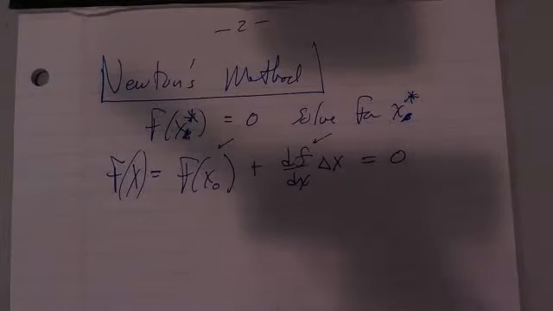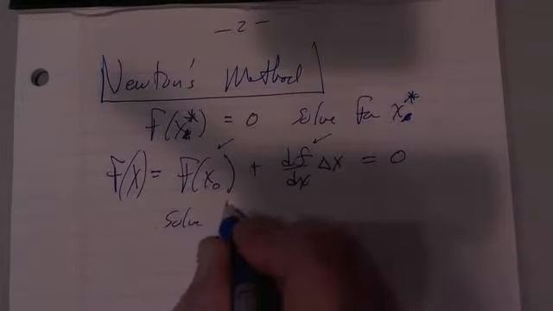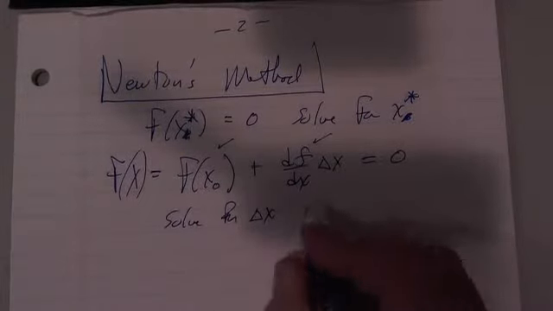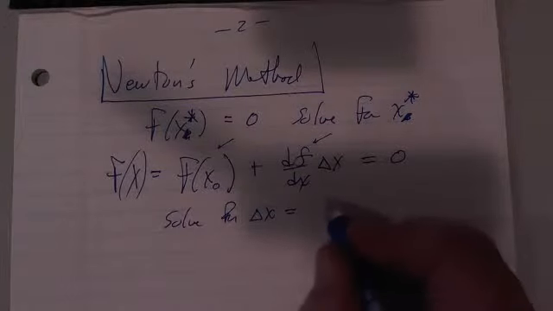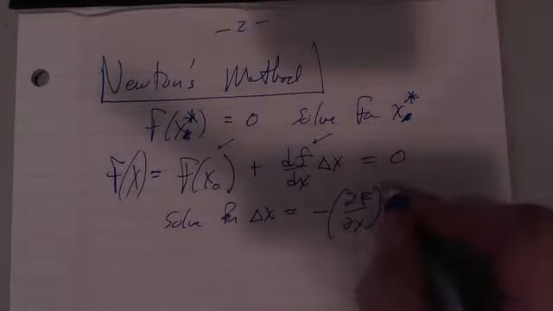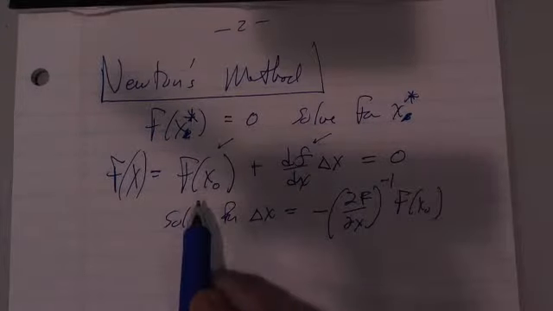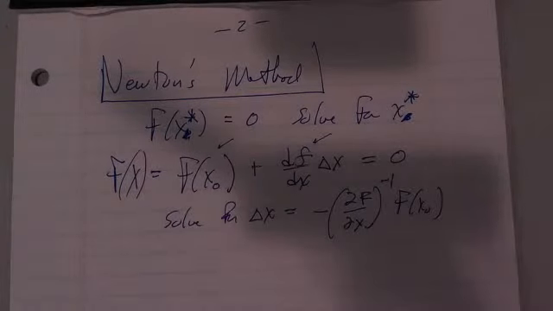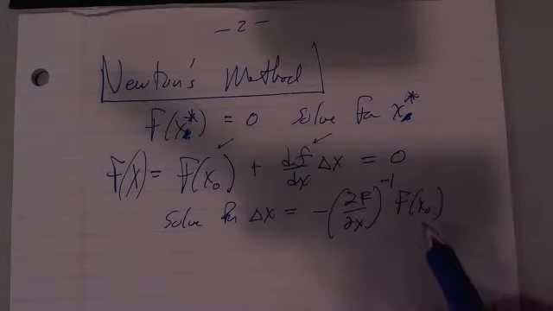Well, if that's the case, then I'm going to solve for delta x, and that is equal to minus df dx inverse times f of x0. So you just take this function, drop it over there, there's the minus sign, and you divide by this, and you get this.